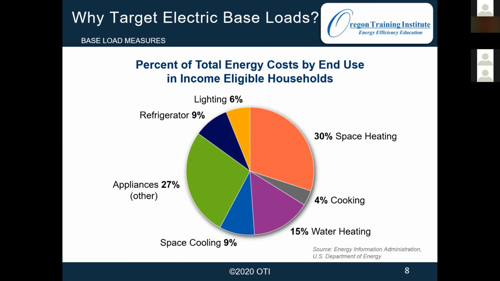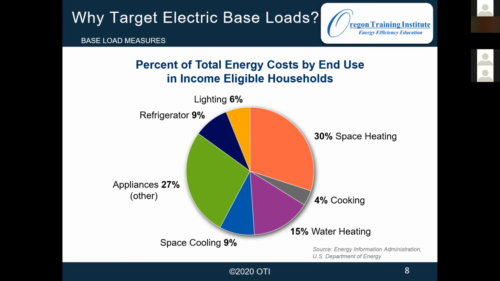So this is just kind of giving us an idea of where things fall in the average energy usage. This is from EIA, I think 2008, 2010-ish. So it's space heating shrinking, lighting shrinking, refrigerator shrinking a bit, especially compared to 20, 30 years ago.